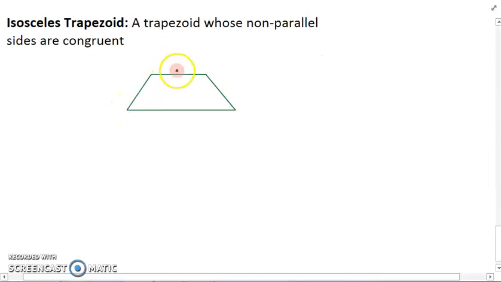So here's an isosceles trapezoid. Again, we have two parallel lines, but in addition to that, this time the non-parallel lines are congruent, so they would need tick marks. I'll redraw that arrow so we don't get confused, since it was a poorly drawn arrow, but there we go.